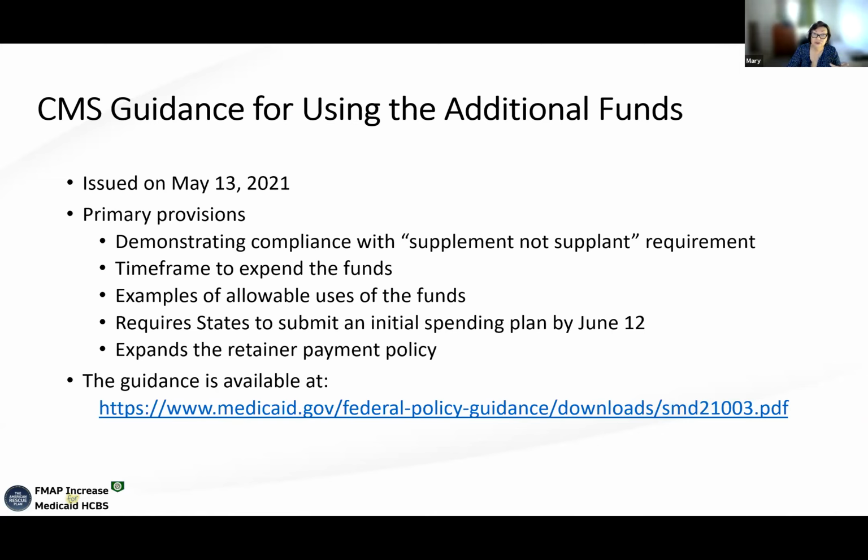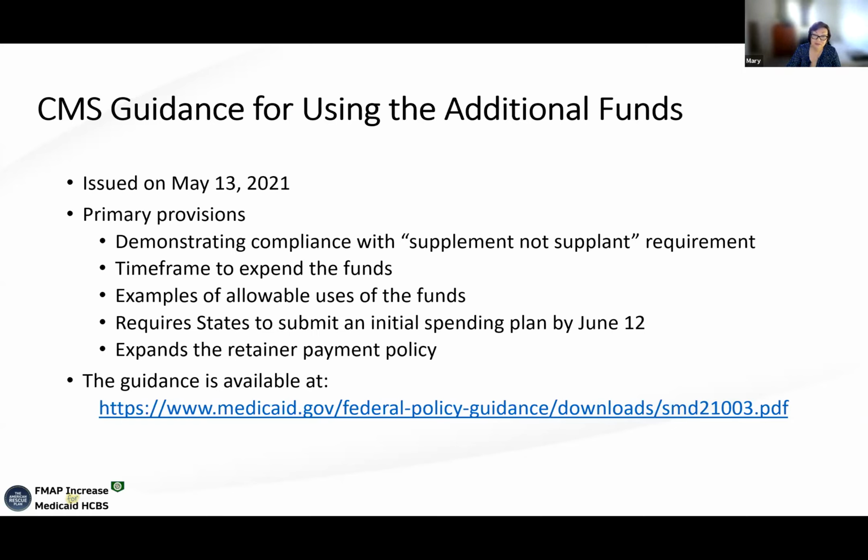So that guidance was issued a week ago. The primary provisions you can see here in the bullets. So this is what the guidance contained. So how states will demonstrate compliance with the supplement, not supplant requirement. That's very important. It also includes the time frame to use the funds.